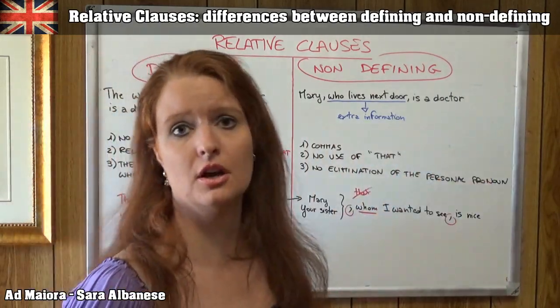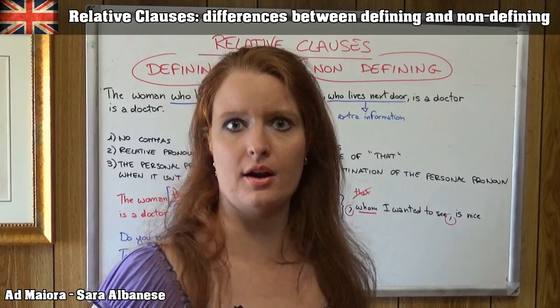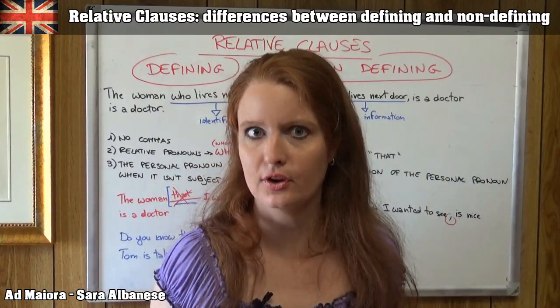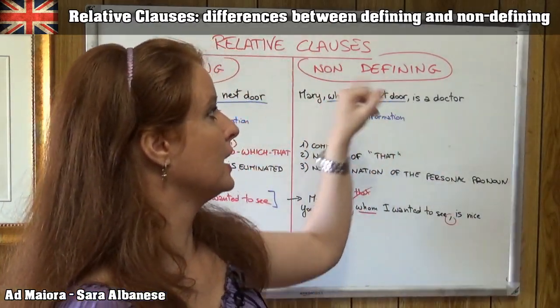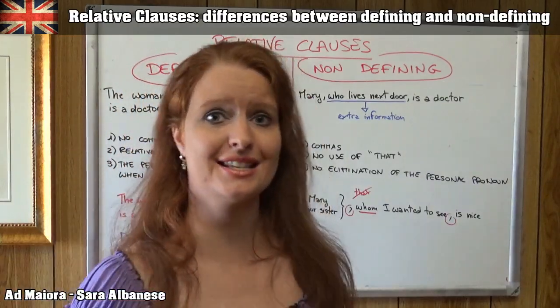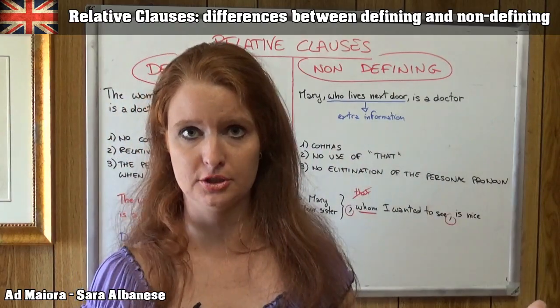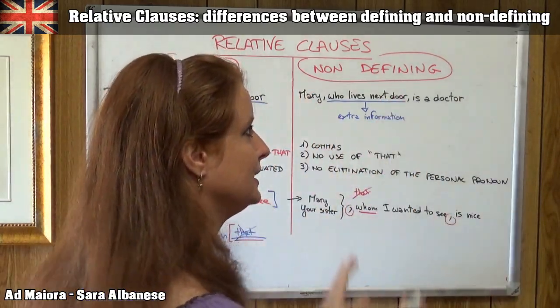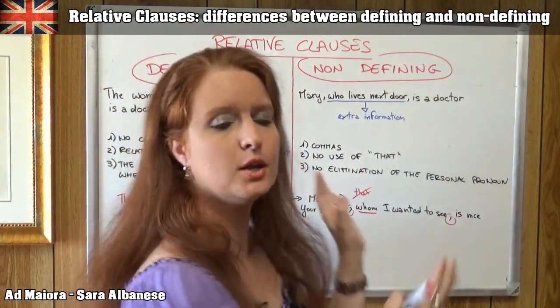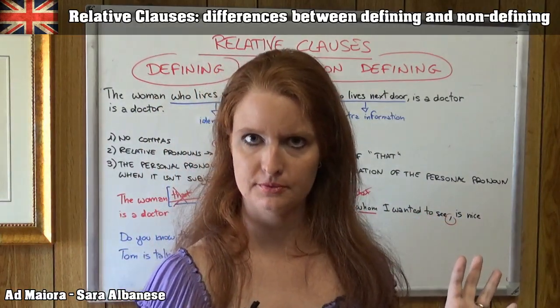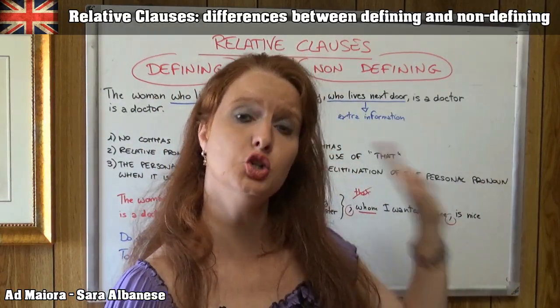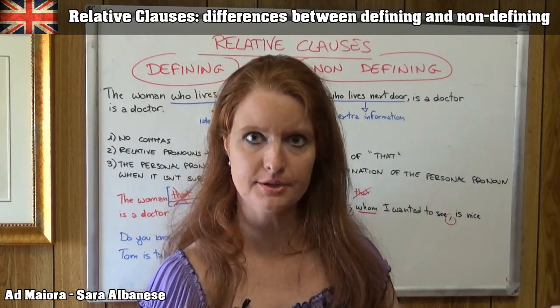If I say Mary is a doctor, I'm perfectly aware of who Mary is, okay? So my relative clause in this case isn't necessary to identify that element. It is some extra information, okay? I could eliminate it and I would anyway know whom I'm talking about, okay? In this case, it's a non-defining, right?